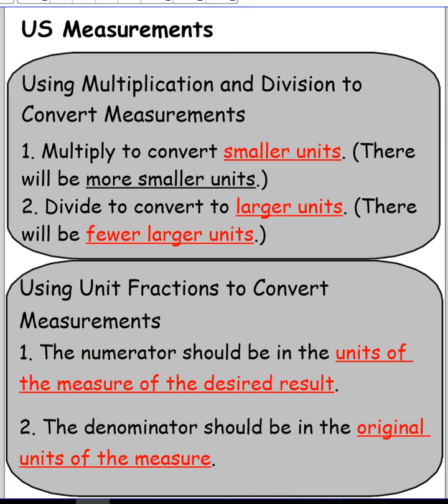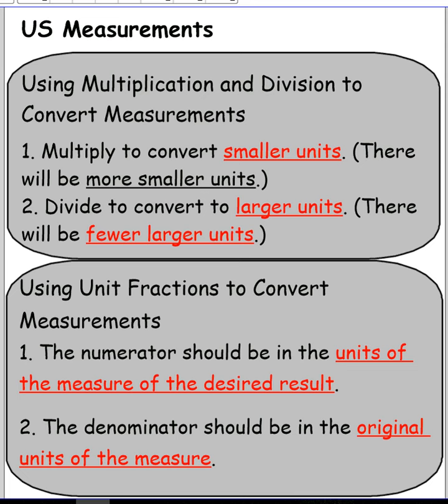However, you're writing it in equal amounts with different quantities. For example, if you're given ounces and you want to turn it into cups, the numerator should be the units that you need to keep, the desired result.